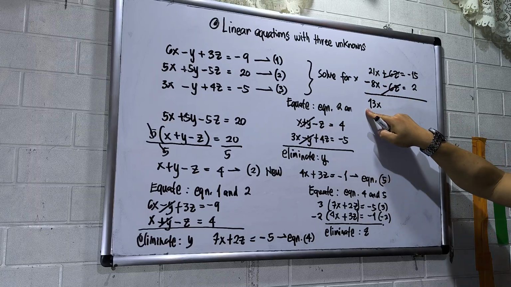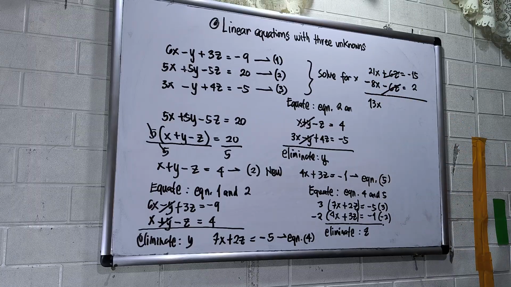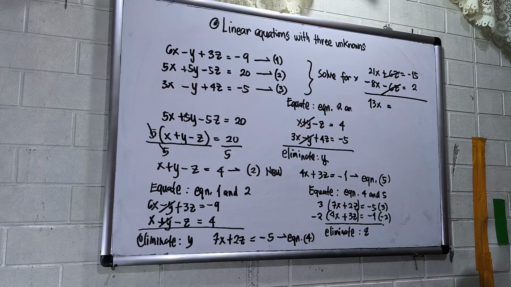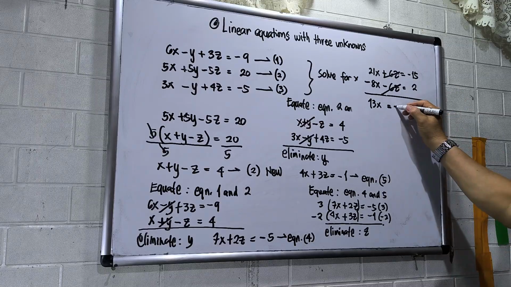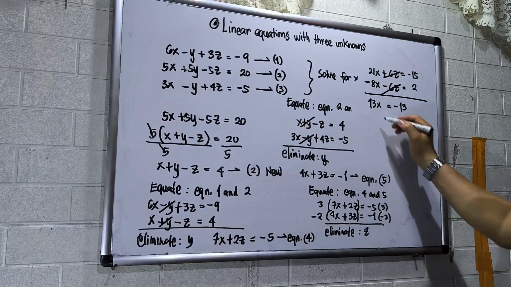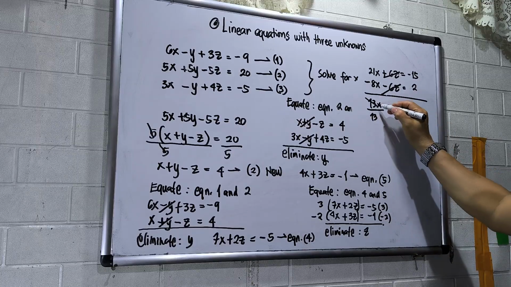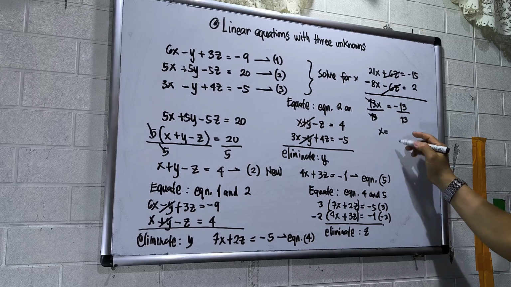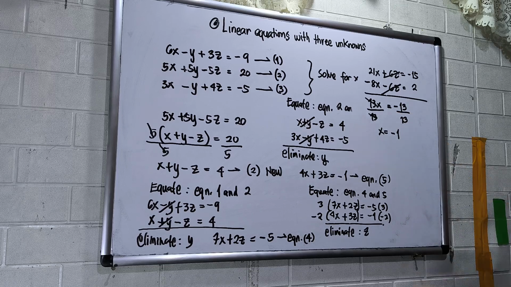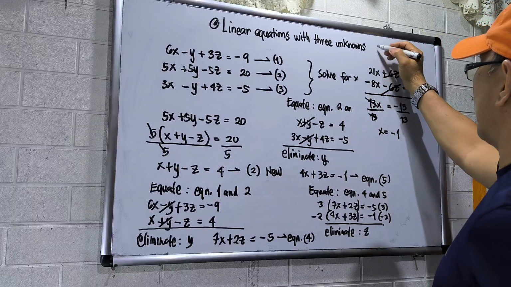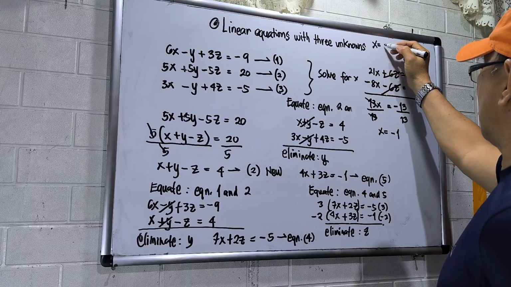So it will be positive 13x. Then this will be equal to negative 15 minus 2, that will be negative 13. Then divide by 13 on both sides. 13 will be crossed out, so x will be equal to negative 1. Okay? So I'll just write here, x will be negative 1.